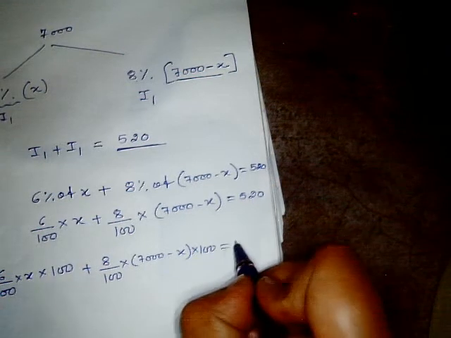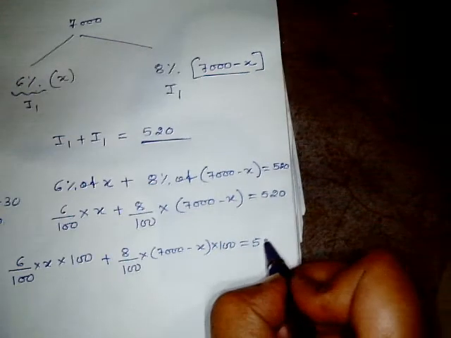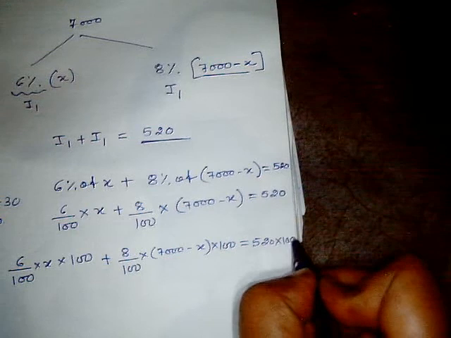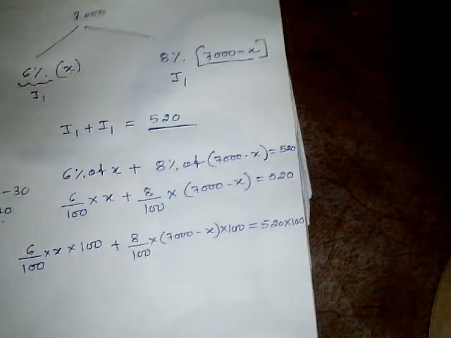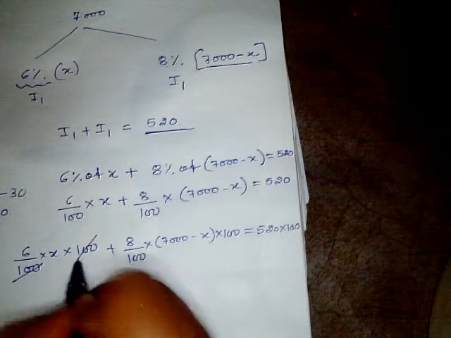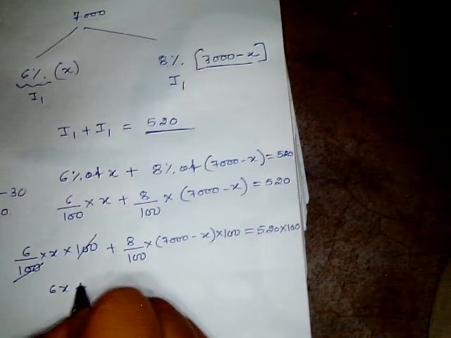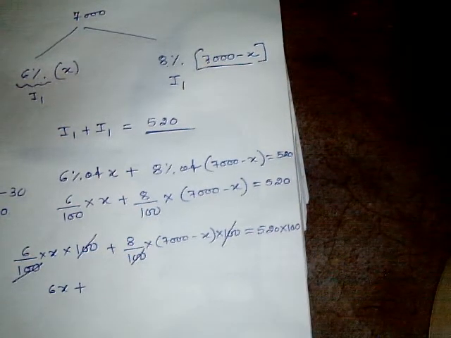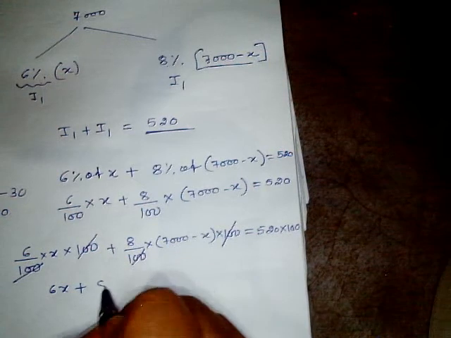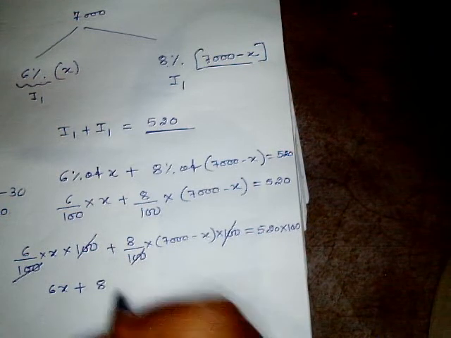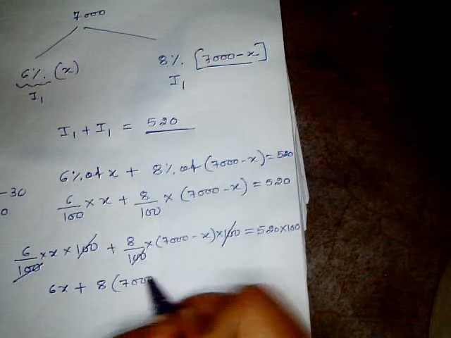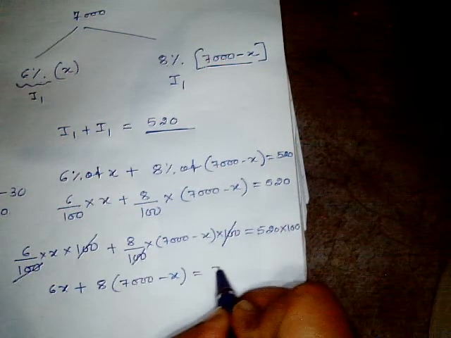The 100s cancel out. This is going to be 6x, plus 8 times 7,000 minus x, equals 520 and these two zeros, 52,000. Now I need to open this bracket.